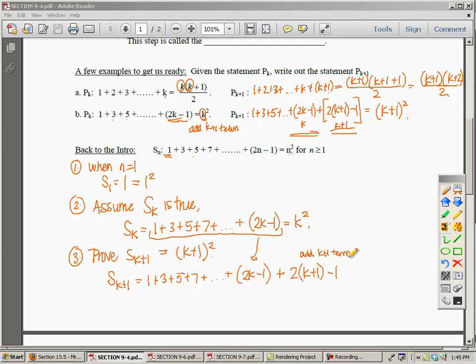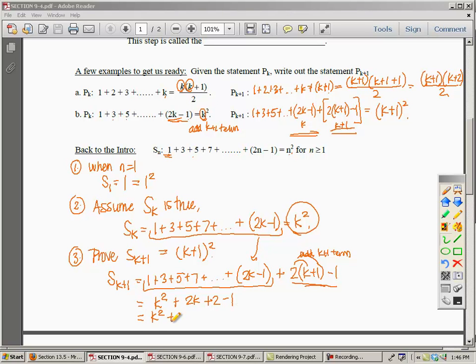Now, because I took all of this and moved it down, all of this we set above equals K squared. So all of this is K squared. And then I have this extra stuff. If I distribute it, I get 2K plus 2 minus 1. I'm running out of room.